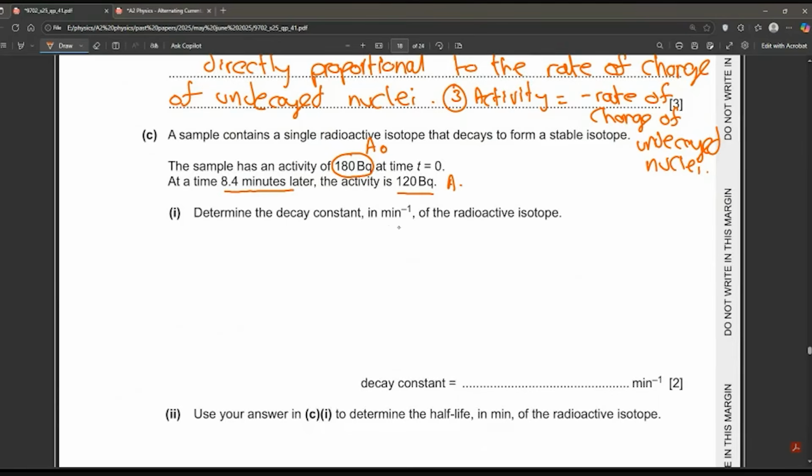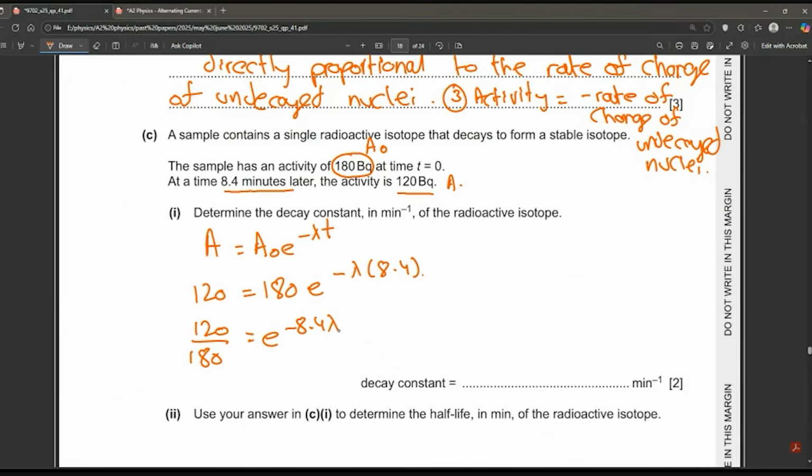Determine the decay constant. Do you remember this formula? A is equal to A naught e to the minus lambda t. A क्या है? 120. A naught क्या है? 180. Decay constant हमें नहीं पता. T क्या है? 8.4 minutes. 120 divided by 180 is equal to e to the minus 8.4 lambda.